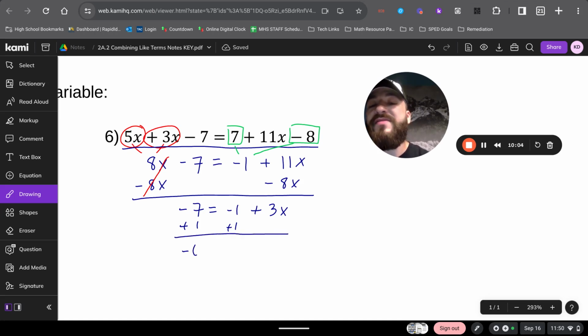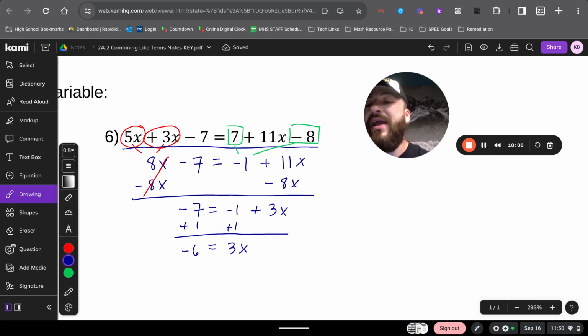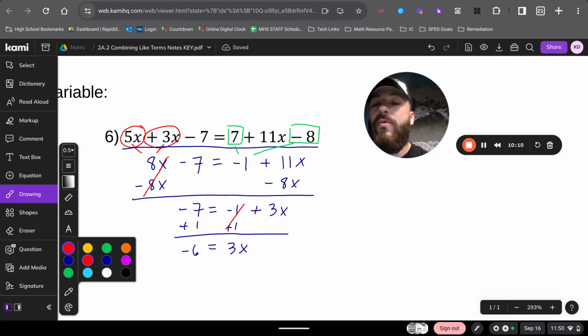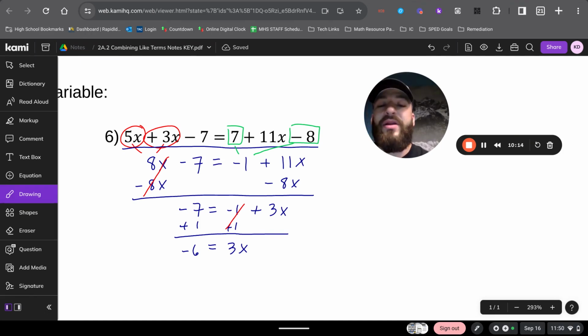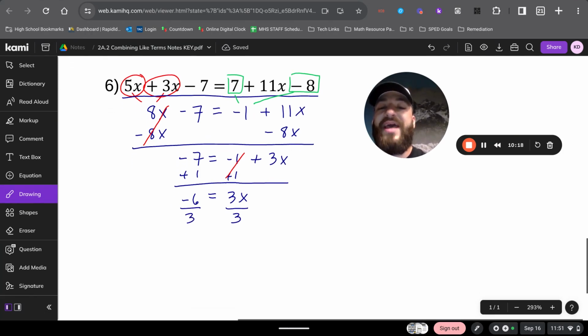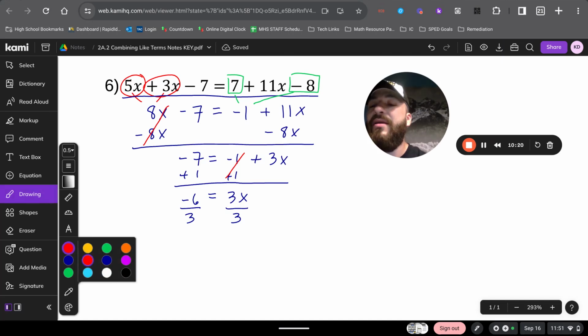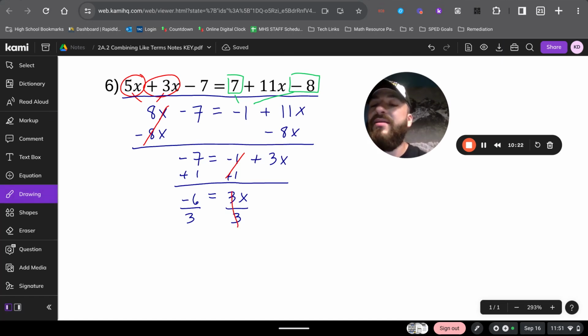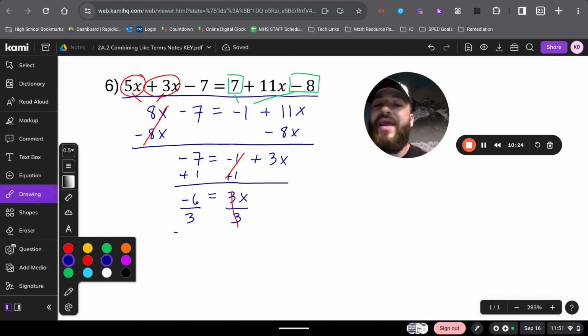And we get negative 6 is equal to just 3x, because that negative 1 and positive 1 will cancel out. And then last but not least, I want to divide both sides by my 3, because it is 3 times x. So I'm canceling out that 3. So 3 cancels out on the left side. On the right side, negative 6 divided by 3 would equal negative 2.